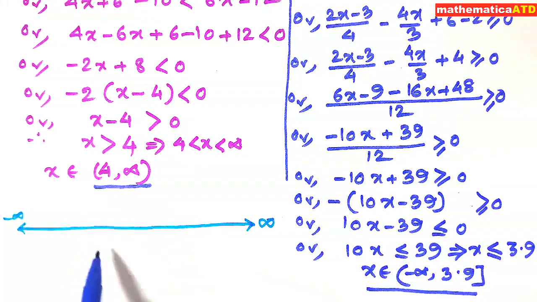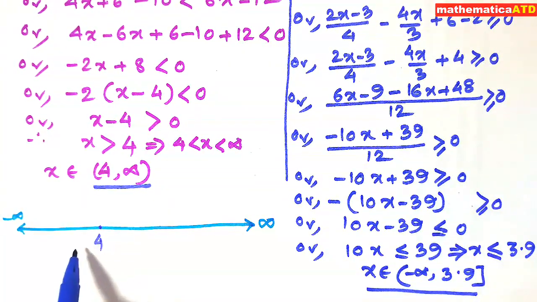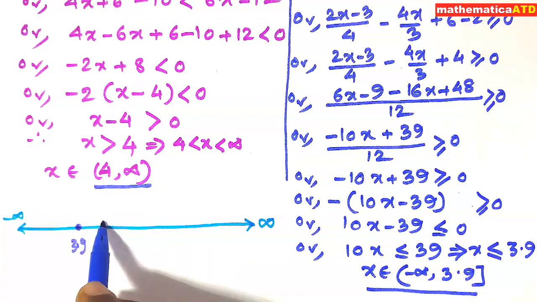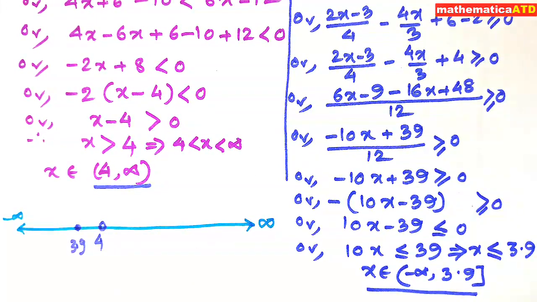So the first critical point is here, 4. Okay, and the second critical point from this one is 3.9, so before 4 we shall have to put it here. This is 3.9, say. This point is included but 4 is not included. For this we have discarded this.